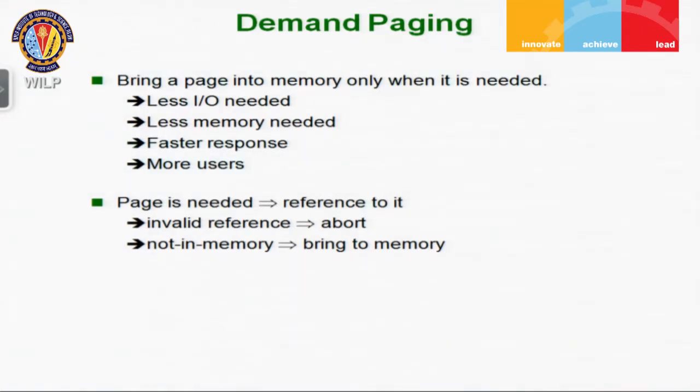So for that reason, suppose we have a program which is, say, a 100 MB program. If we need to bring in the entire 100 MB, then it is going to require a large amount of I/O, because one is trying to access the information from a hard disk.